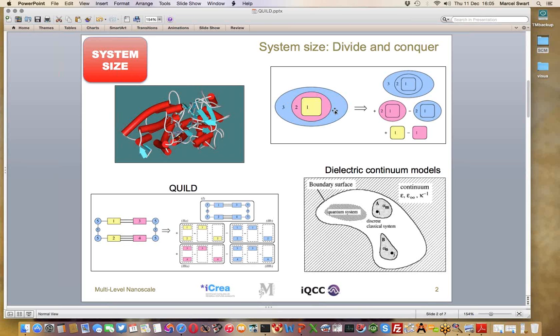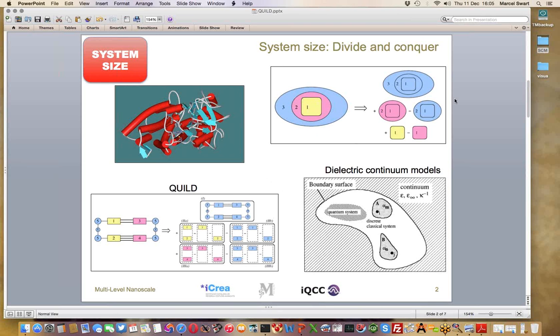This is somewhat related to the other approaches within QM or QM/MM methods, where here, for instance, this is the typical approach. This is a schematic representation of a protein, where in yellow you have the active site, in pink you have the immediate group surrounding the active site, and in blue the rest of the protein.